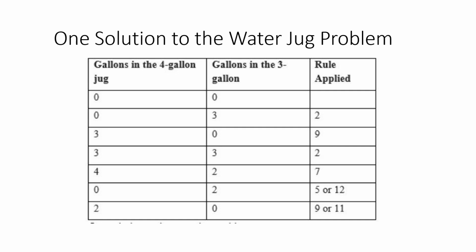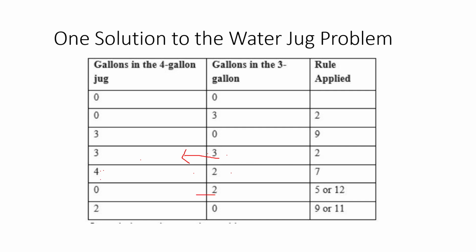Then after 3 comma 3, we are pouring water from jug B to jug A, so it will become 4 comma 2, because 1 gallon of water we are pouring to jug A. Then we are emptying the first jug, so it will become 0 comma 2.